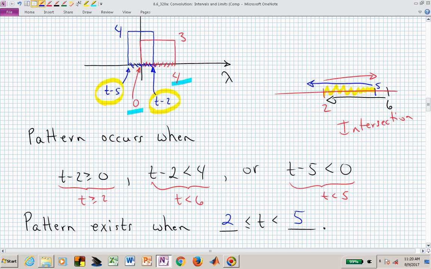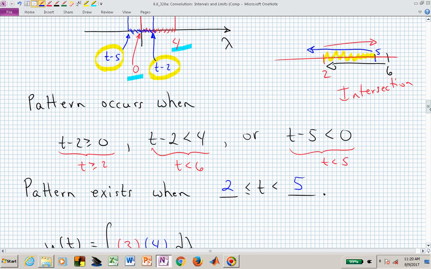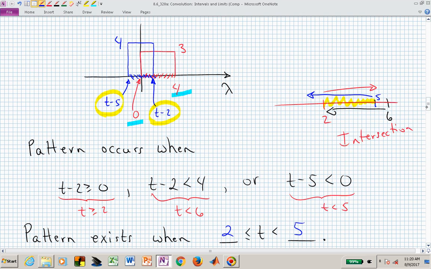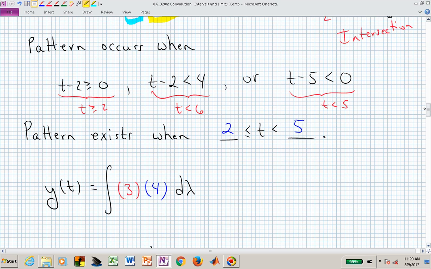When do my support intervals overlap? That's going to be true on the lower side when lambda is equal to 0, and when lambda gets up to t minus 2. My limits on the integration are then from lambda equal to 0 up to lambda equal to t minus 2.